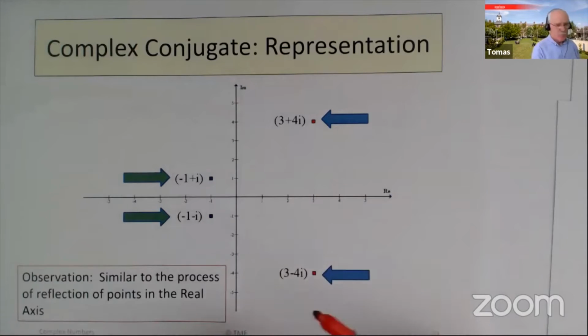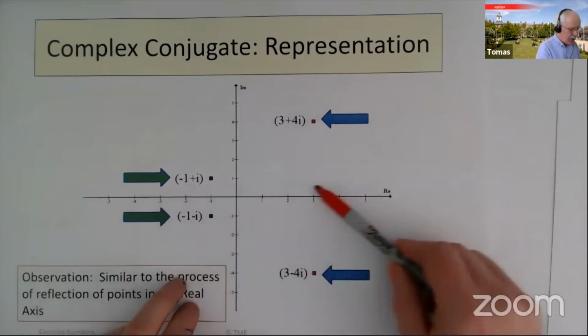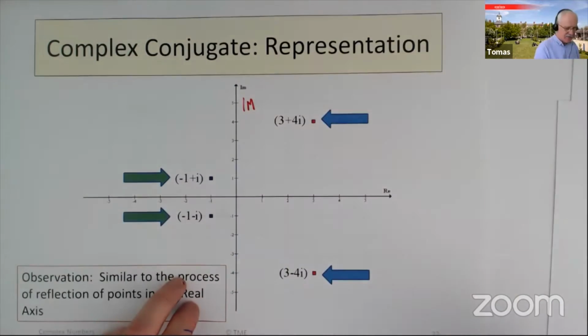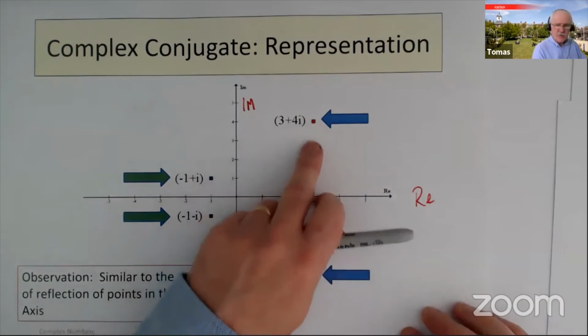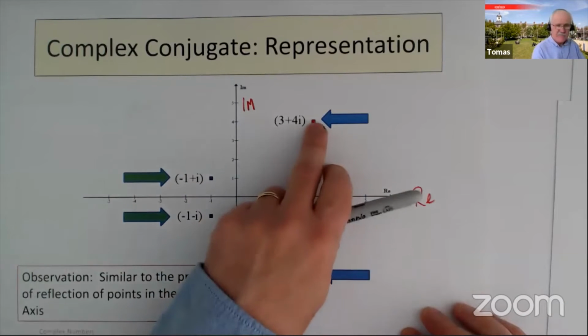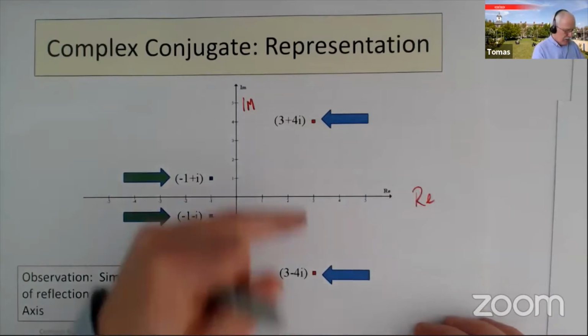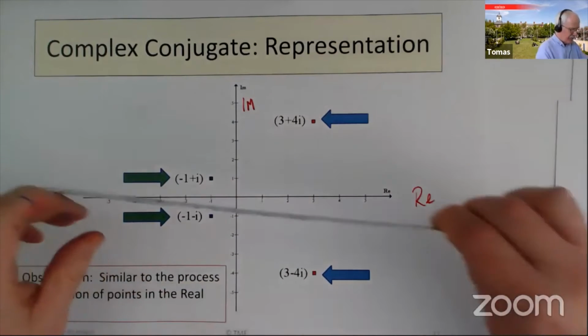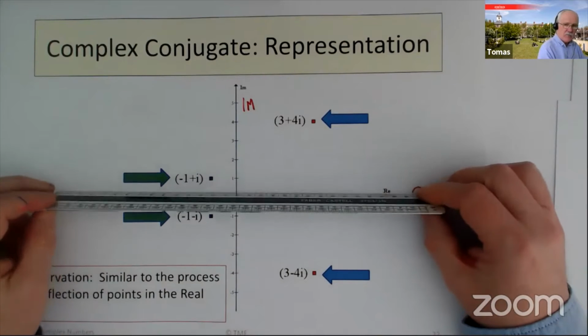But let's look at a complex number representation. Here we are again on the Argand diagram. This is the imaginary axis, this is the real axis, not x and y. And this is the point 3 plus 4i, 3 out and 4 up. And its twin is down here. It's, for all the world, like you're looking into a mirror.